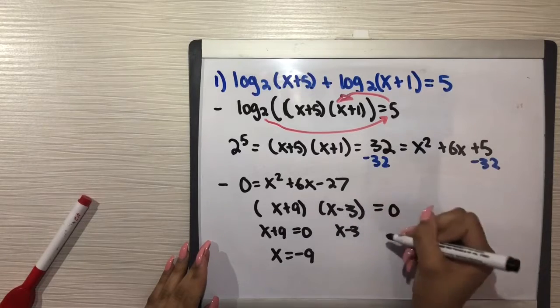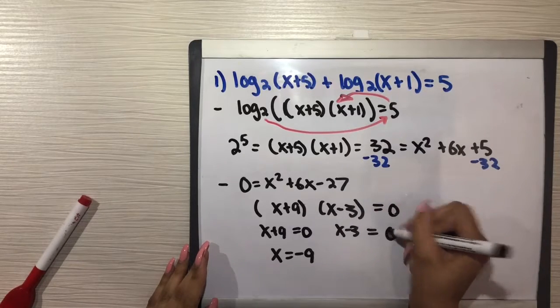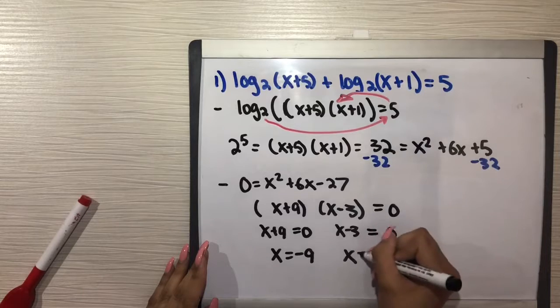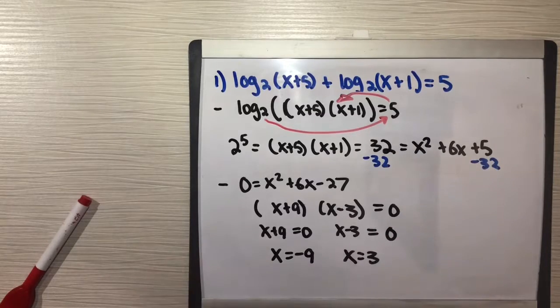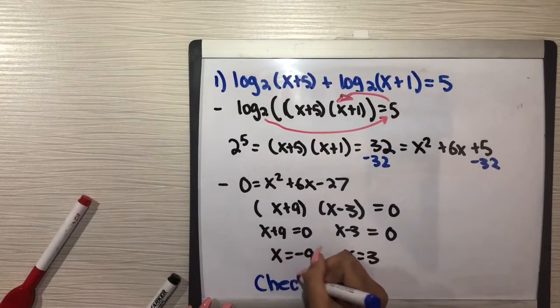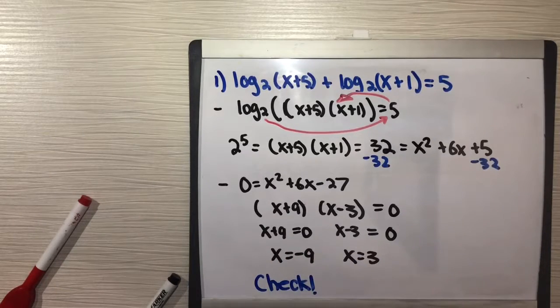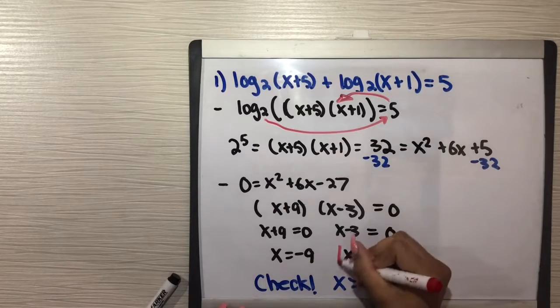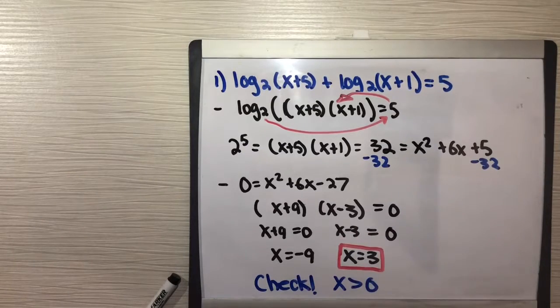And x minus 3 set to 0 will give you x equals positive 3. Now if you remember to check the extraneous roots, you'll remember that in log x, x is greater than 0. Therefore, x equals 3, because the logarithm's argument cannot be negative.